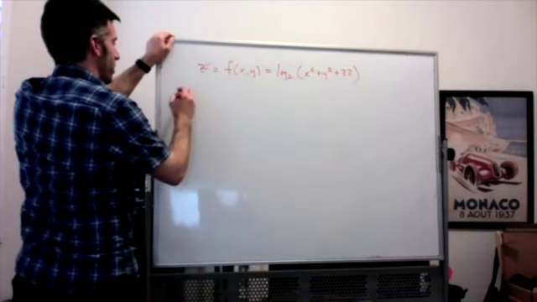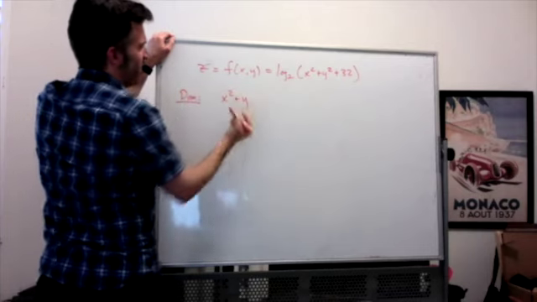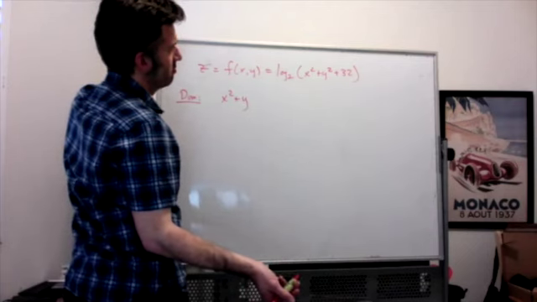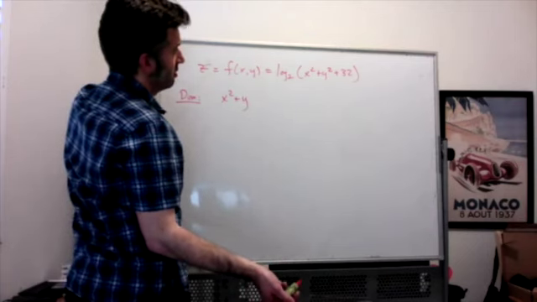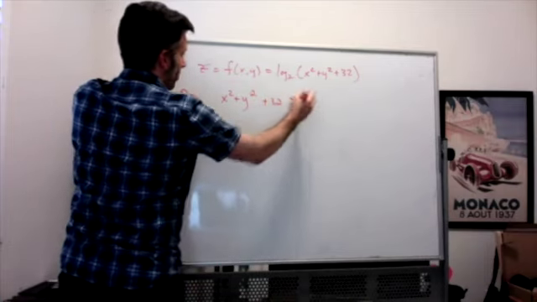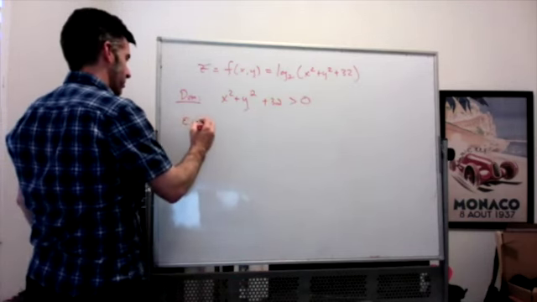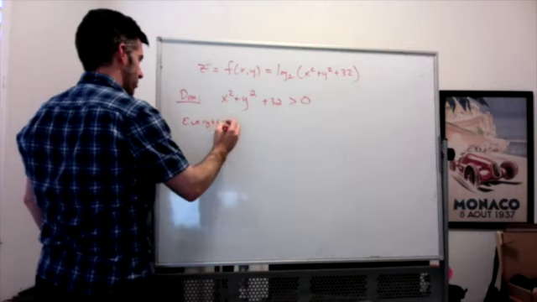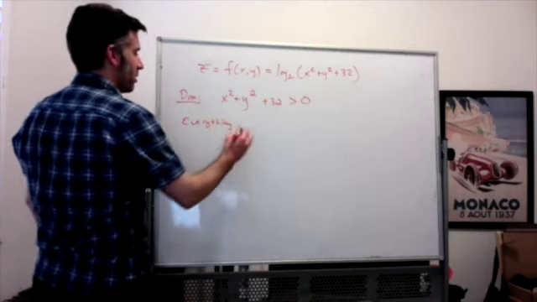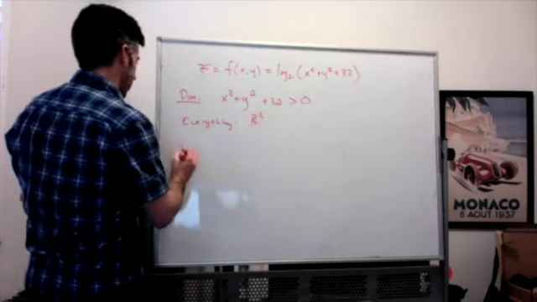So domain. We need x squared plus y squared plus 32 greater than 0. No issues, right? This is going to be everything. So it's going to be R2. That's the way I would say it, R2.